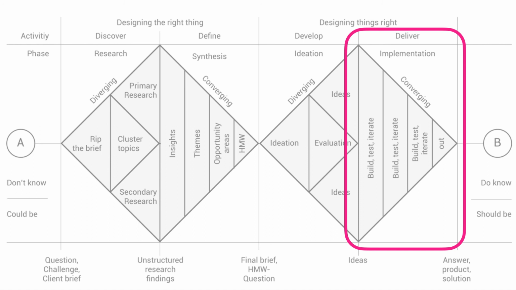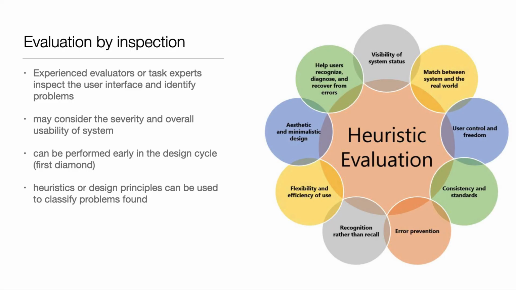And the closer you come before going live with the product, the more important usability and accessibility becomes, the stricter the measures you have to use become, and you get more precise. And so how do you go about doing this? Well, firstly, you have things called heuristics.